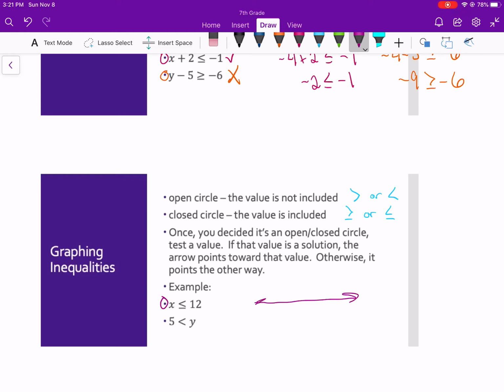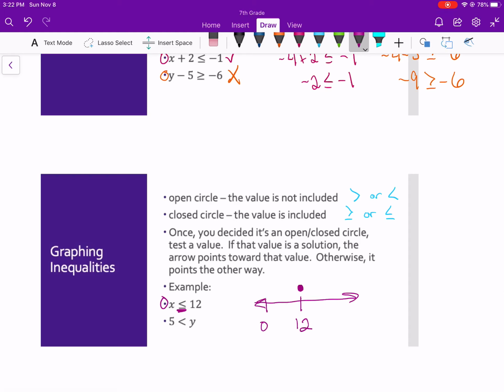So I'm going to draw my number line, and I'm going to put 12 down. First thing, is it an open circle or a closed circle? Well, I see that it's less than or equal to, and that equal to tells me that it's a closed circle because 12 would be included. And then I'm going to pick my favorite number. My favorite number is usually 0.